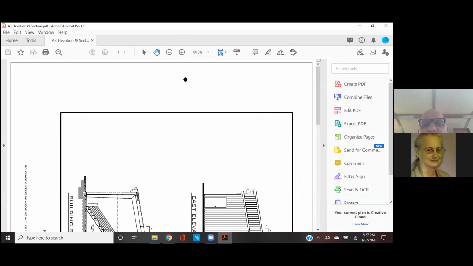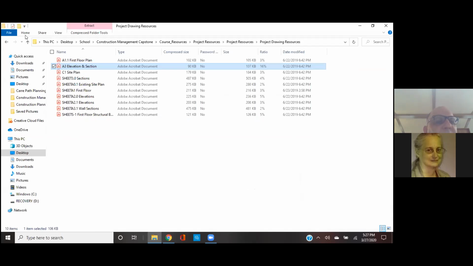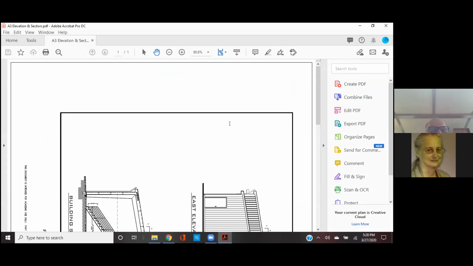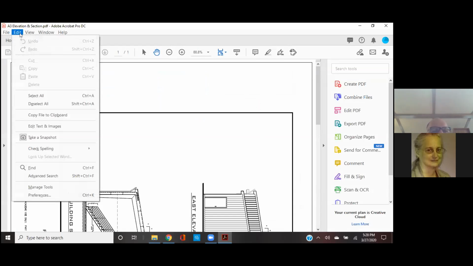How do I spin this? I'm new to that. I think it's in the edit tab up there. You go down to the bottom and your PDF should be open. You must have closed it by accident.